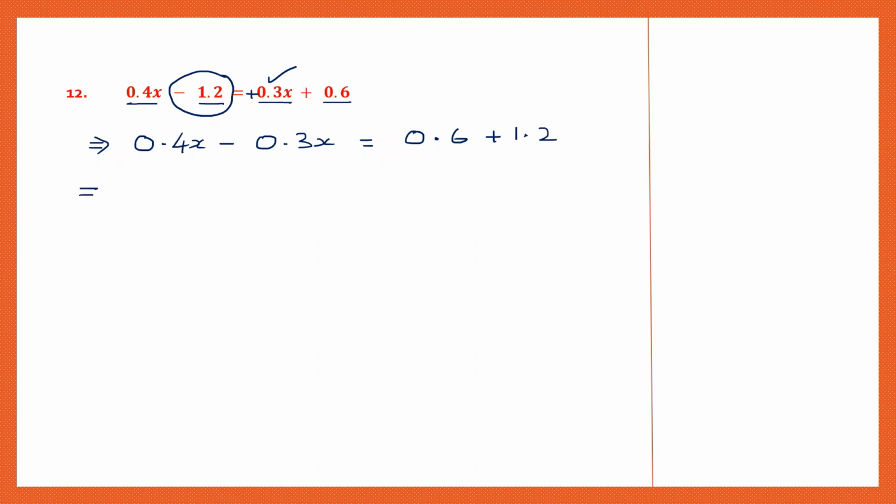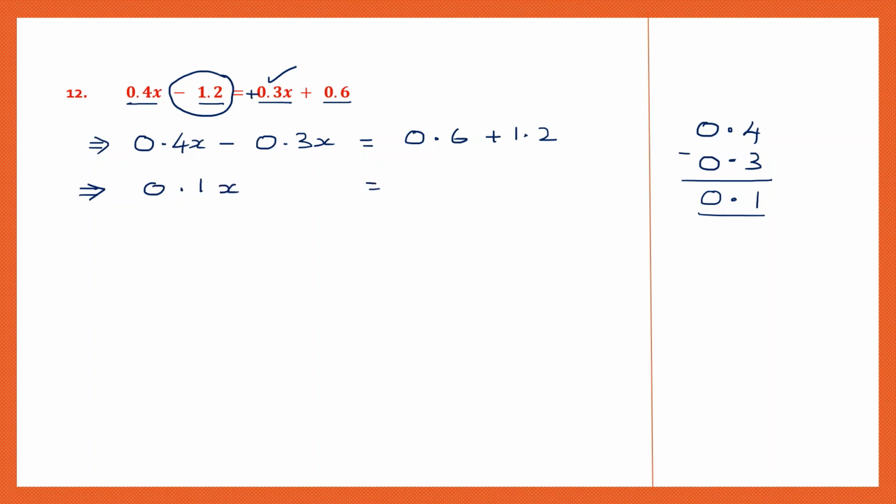Now let's work this out. 0.4x minus 0.3x is only the numbers 0.4 minus 0.3. Let's do that. 0.4 minus 0.3. 4 minus 3 is 1, and then we put the point 0. So this is 0.1. So 0.1x.